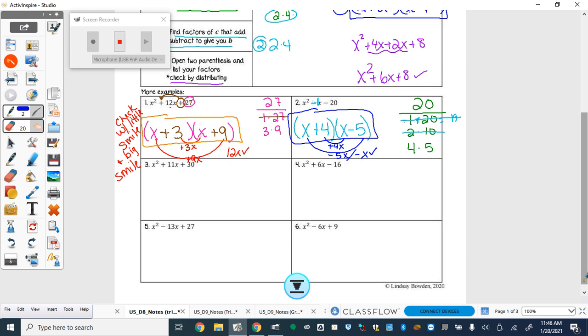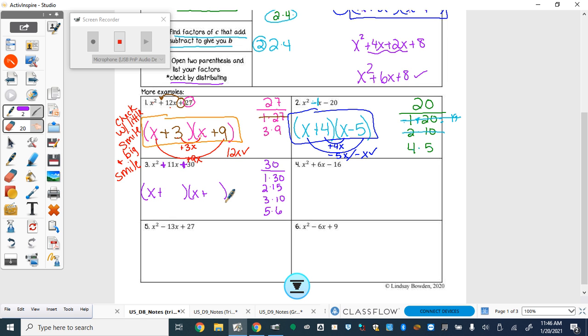All right, taking a look at number 3, we're looking for factors of 30. That's 1 and 30, 2 and 15, 3 and 10, 5 and 6. Looking at the signs of my trinomial, they're both positive. So this one, when I factor, both my factors will be x plus.